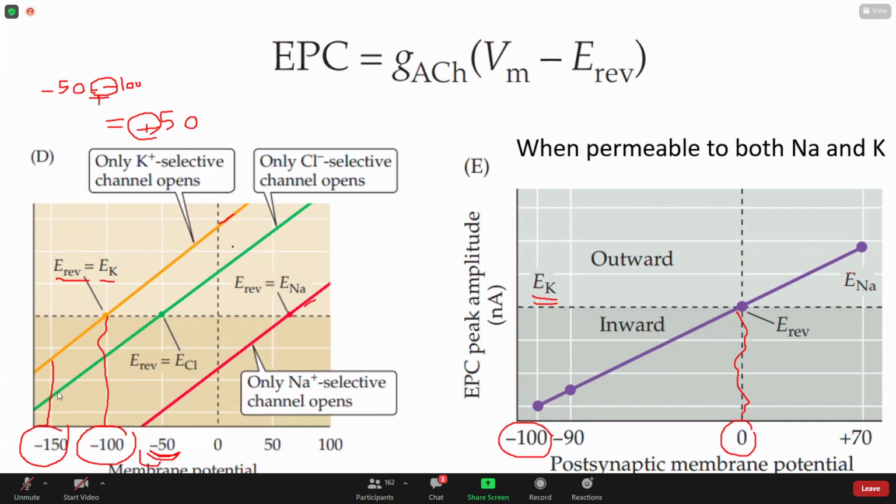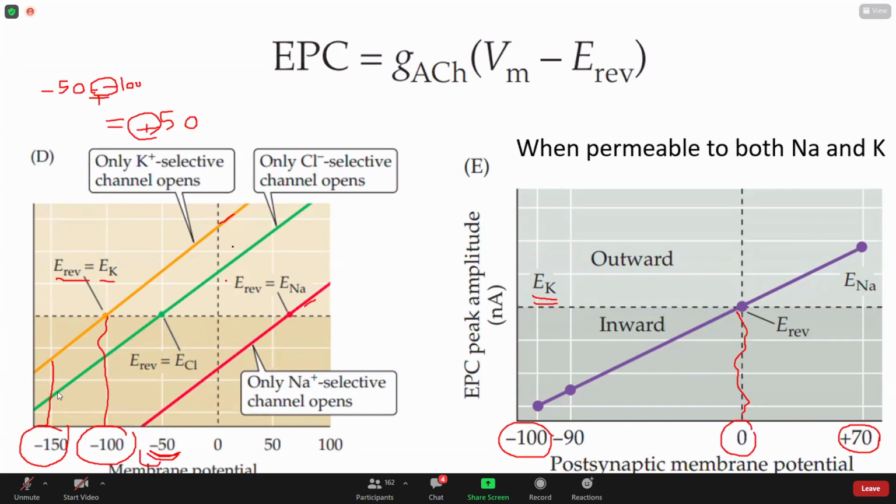And we know that the equilibrium potential for sodium is positive 70, right? Now, if we take this equation here, which is the end plate current, so when we talk about the muscle, we call it an end plate, okay? End plate current, EPC, which is the current going to the postsynaptic muscle cell.